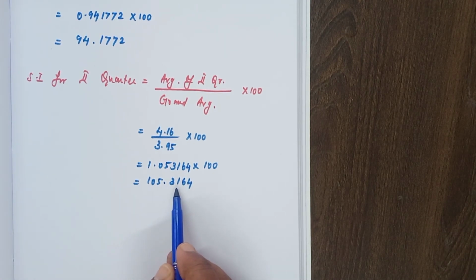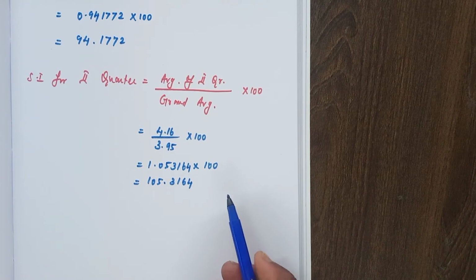That is also correct. So SI for the second quarter is over.